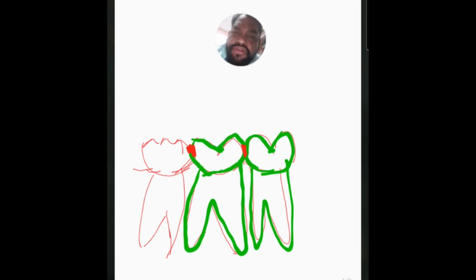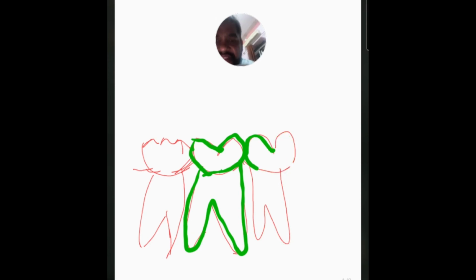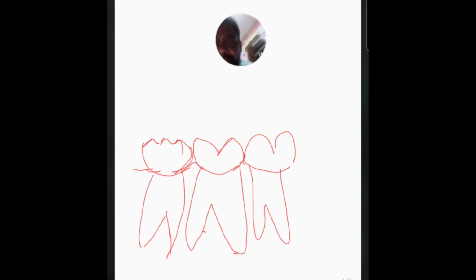A simple procedure has to be performed to solve this difficulty. What is that? You cut this much area with the straight burr. Then what happens?